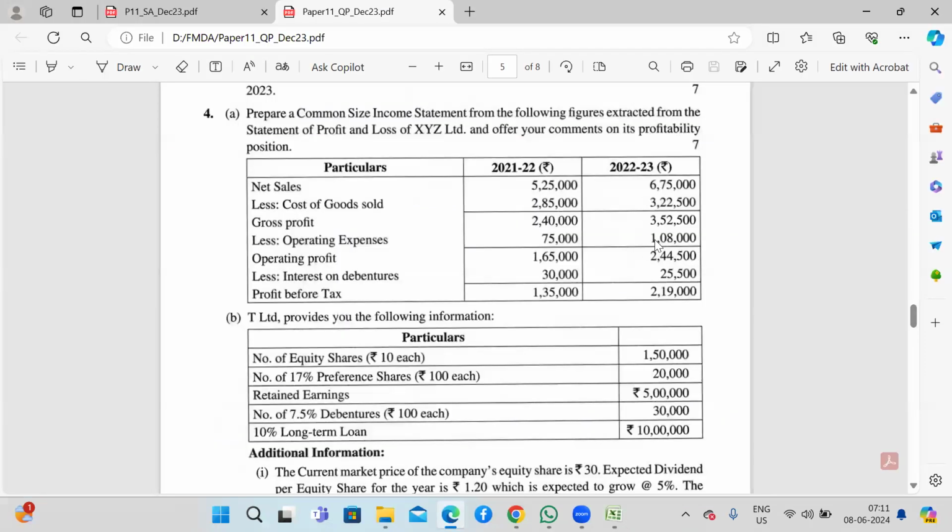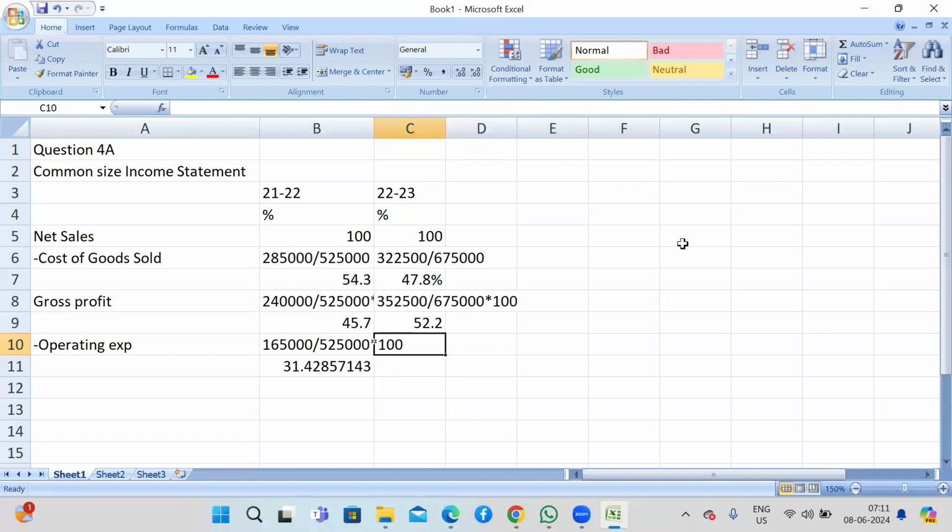So on for 22-23, 108 divided by 675. So 16%.